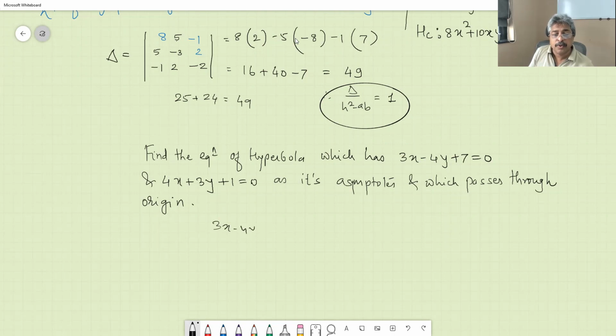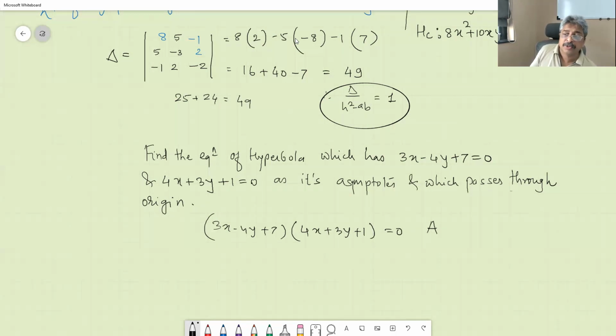3x minus 4y plus 7 multiplied by 4x plus 3y plus 1 is equal to 0 is the joint equation of asymptotes, right? And now your hyperbola equation will differ by a constant, we know that. So you can add c to this and it has to again pass through the origin. So you need to basically get rid of the constant, because if you put 0 comma 0 for x comma y, you should get the equation of hyperbola.